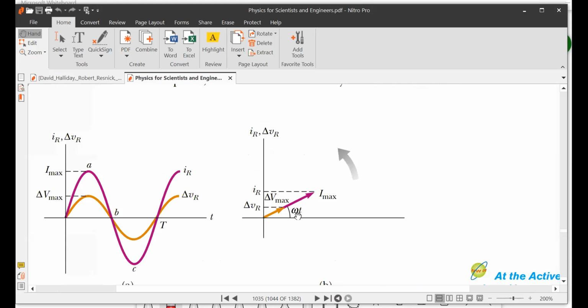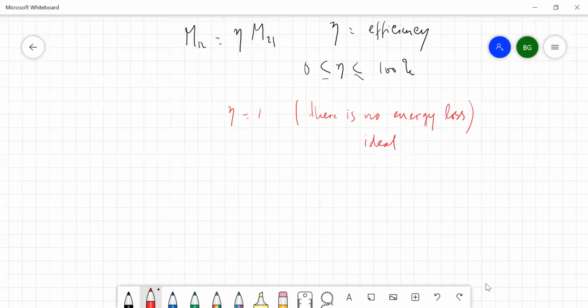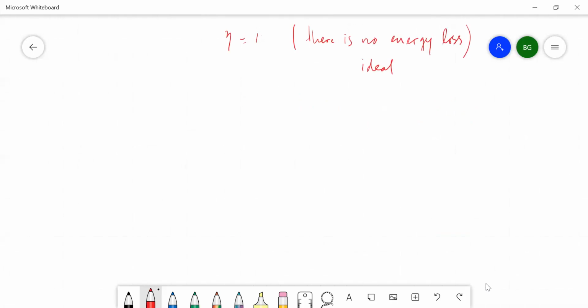So this one is omega t. In phasor diagrams, you could also draw something like this.